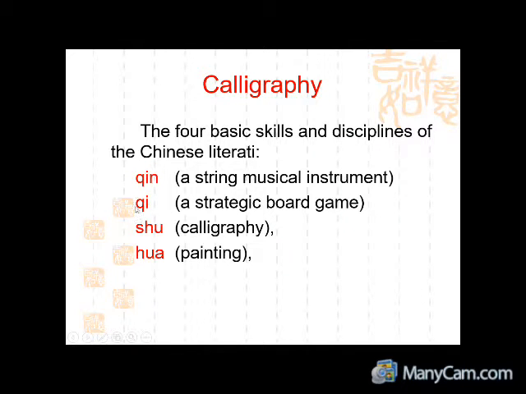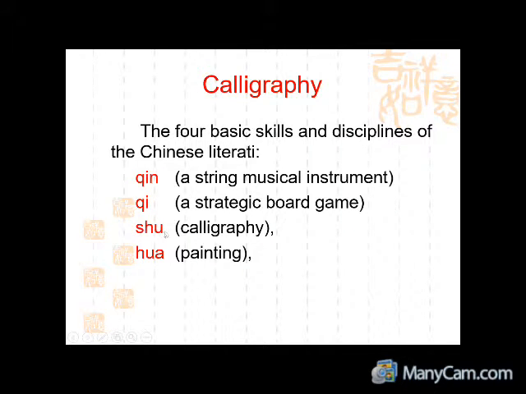Next one is qi. Again, this one, qi, you probably notice the tone goes up. Yi, you know the I is yi, so it's tone number 2, the rising tone.